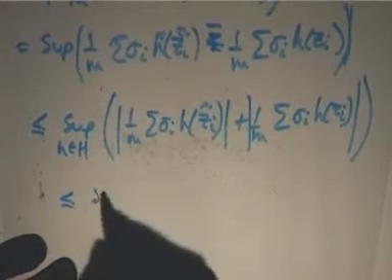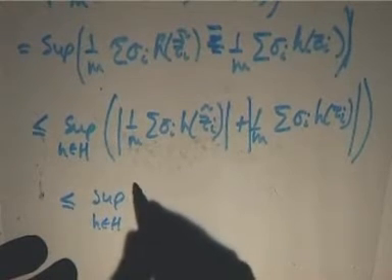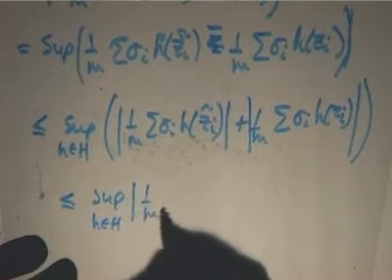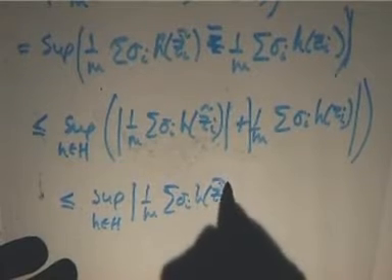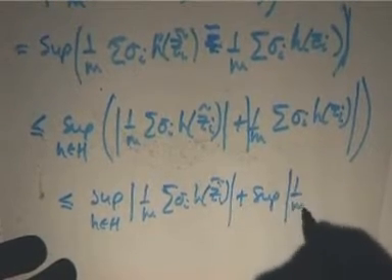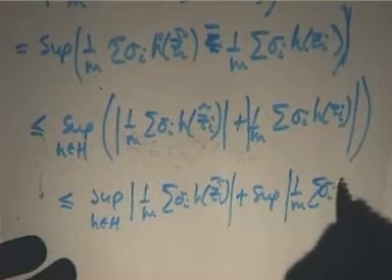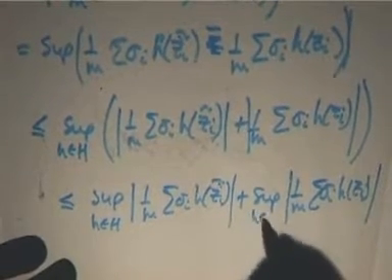So this is less than or equal to sup over h in H of 1 over m sum sigma_i h(z_i tilde) plus sup over h in H of 1 over m sum sigma_i h(z_i).